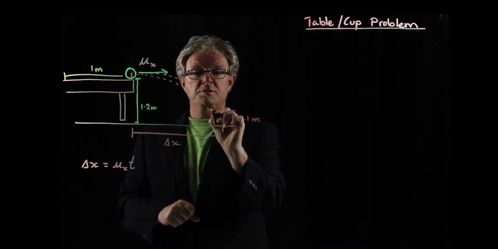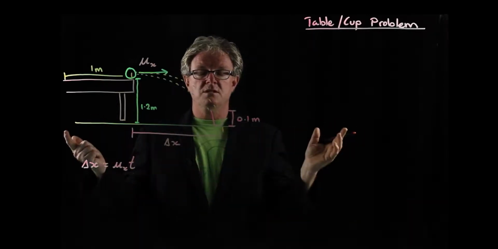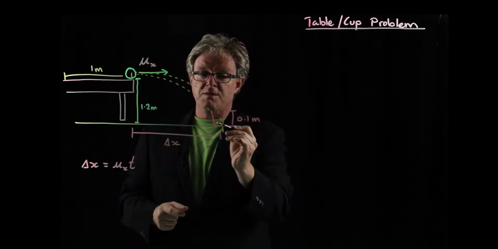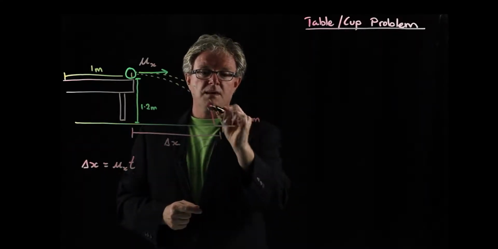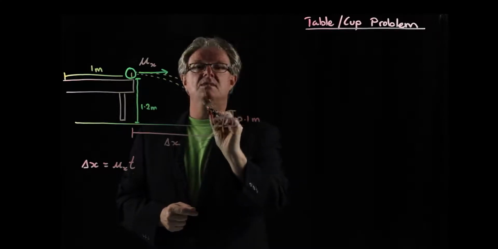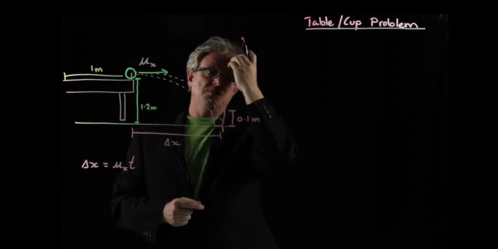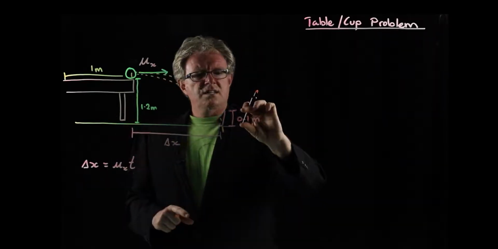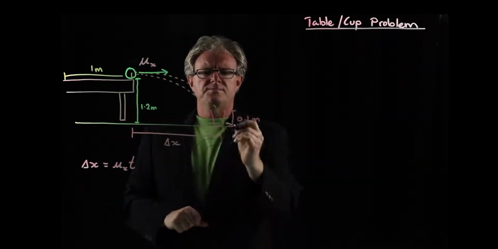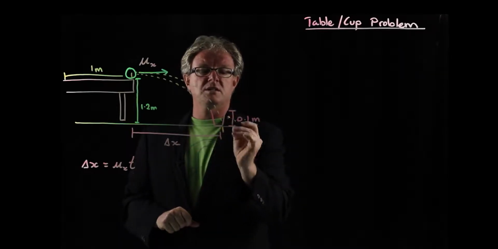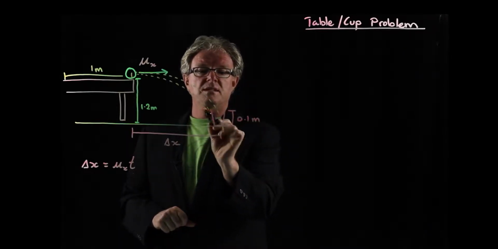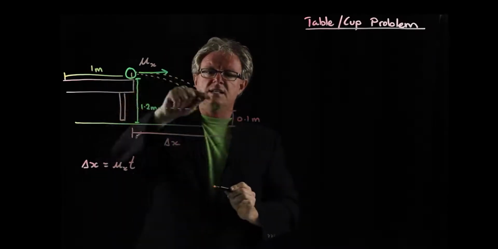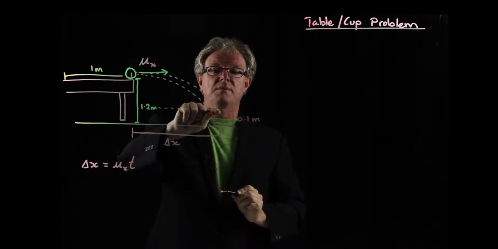If it's the front of the cup, it's probably going to hit the cup rim and smash the cup, right? If it's the back of the cup and the cup's heavy, the cup might stay in there. In the middle of the cup, it might just miss the rim and land in the middle, depending on how high the cup is. So we have to take into consideration the height of the cup. If we're taking consideration the height of the cup, then we can basically treat this problem as if it's landing in the middle of the cup, just about there.